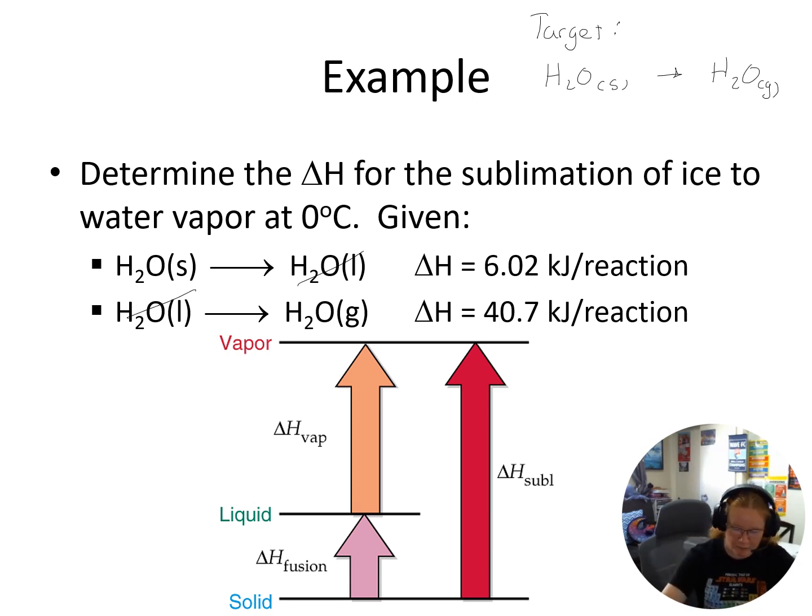I'm going to give myself a little bit more room though. All right, so our delta H of reaction is just going to be the delta H of that first process plus the delta H of that second process.